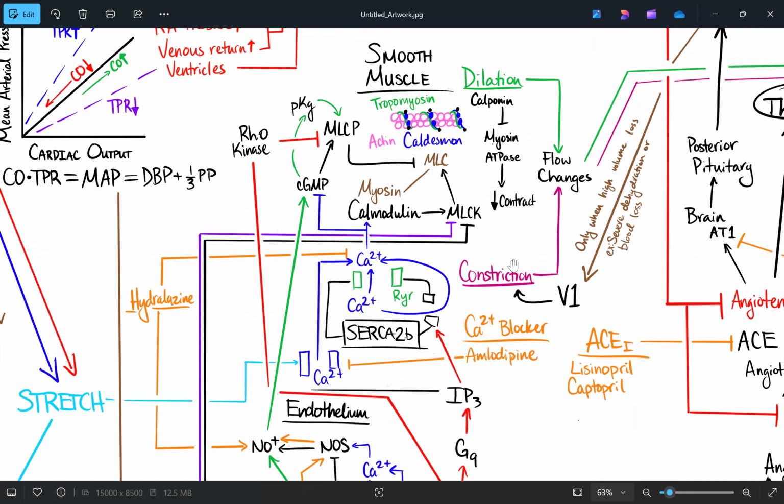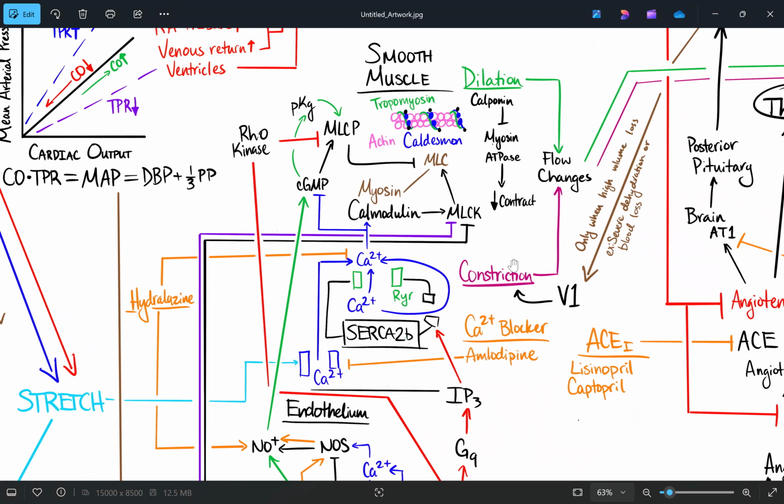cGMP inhibited means less activation of myosin light chain phosphatase, which cleaves phosphates, the opposite of kinase. So it inactivates MLC, less cross-bridge. For cGMP, I like to have a fun way of remembering: you give up, you don't want to contract anymore.